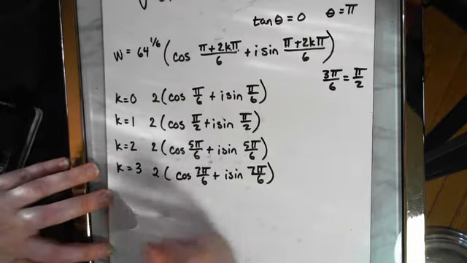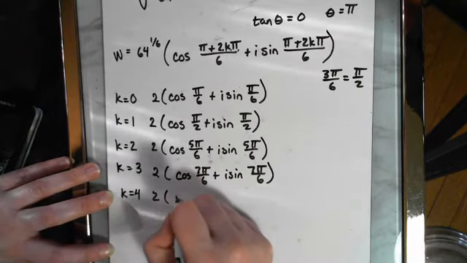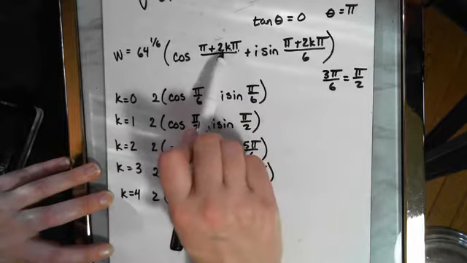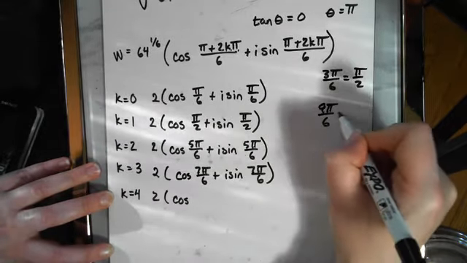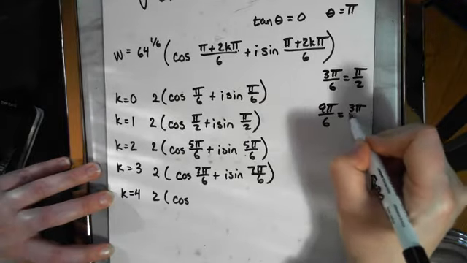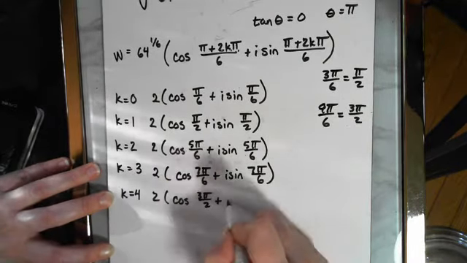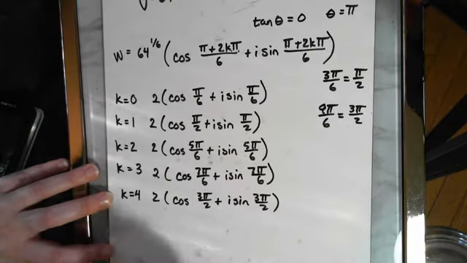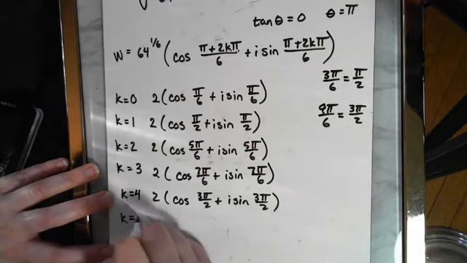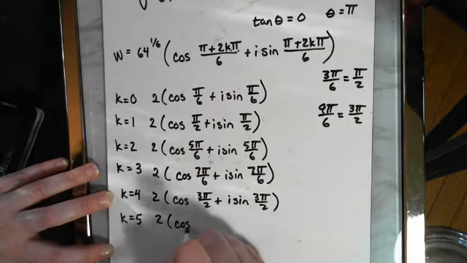And for k equaling 4, I get 2 times the cosine. 4 times 2 is 8, plus 1 is 9, so that is 9 pi over 6, which is 3 pi over 2. 3 pi over 2, plus i sine 3 pi over 2. And the last one, k equals 5, I get 2 times the cosine.